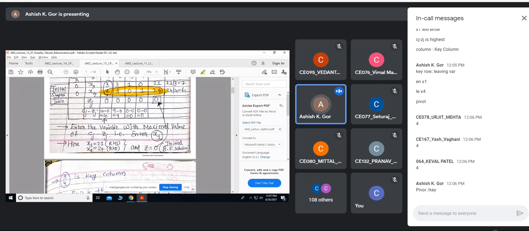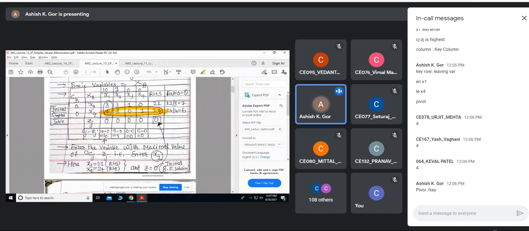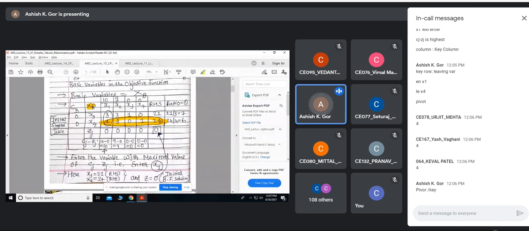If you divide this row by 4 up to RHS, 4 by 4 is 1, 3 by 4, 0, 1 by 4, and 24 by 4 is 6. So now, if you have seen carefully, earlier under basic variable there were x3, x4.